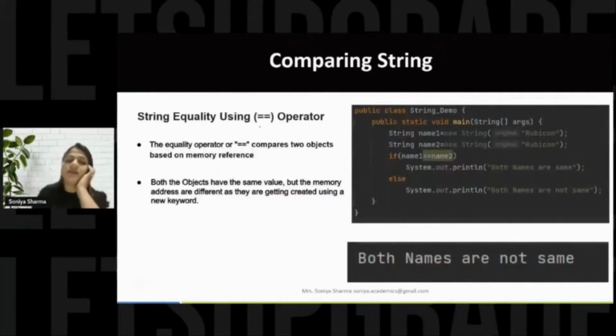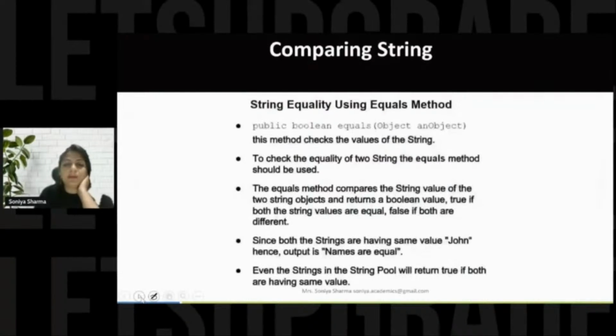Okay, we have seen both the double equal to operator, which compares two objects based on memory reference, and equals, which compares two objects based on the value, checks the value of the string.